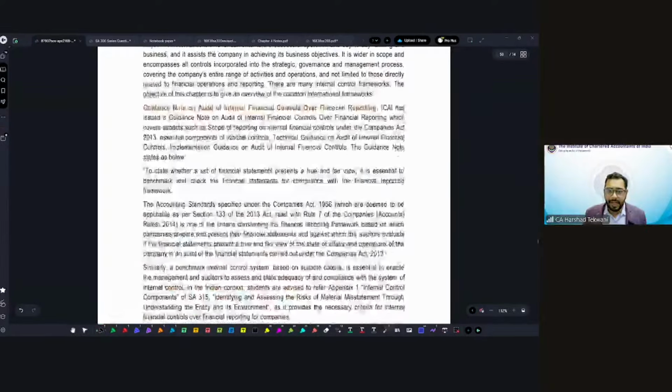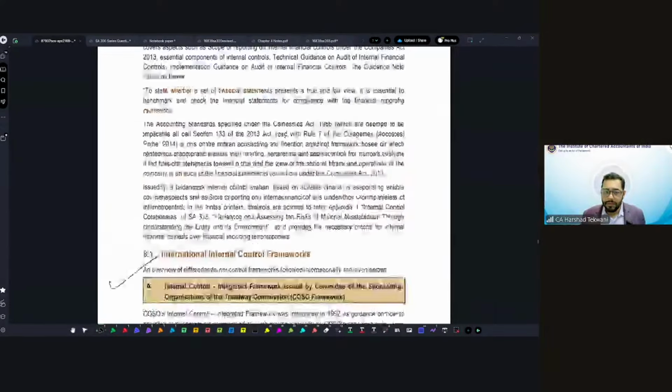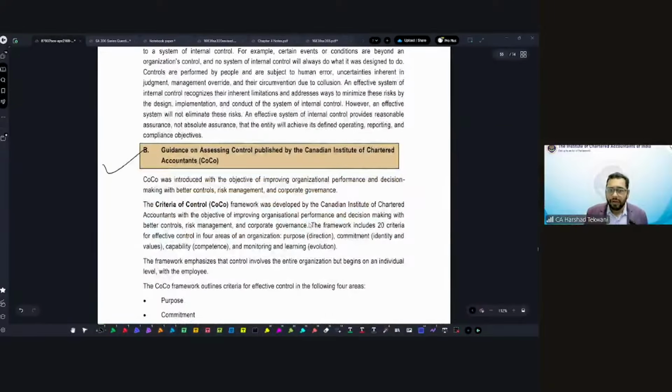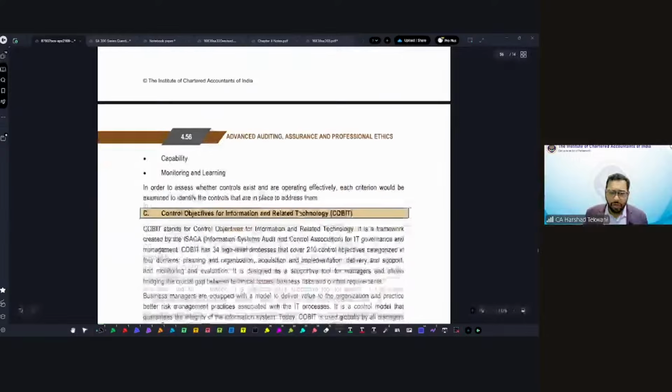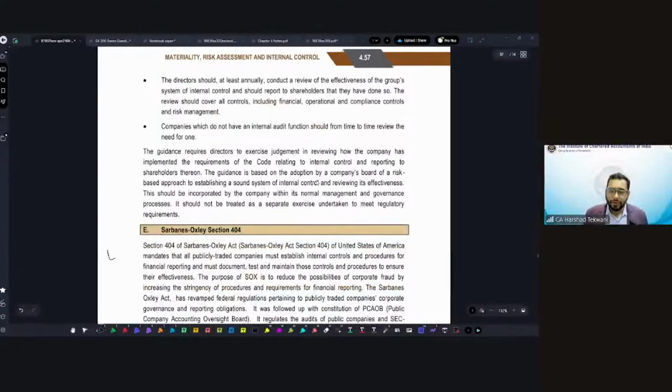We discussed the guidance note on IFCFR. We discussed the various criteria of control. There could be multiple criteria of control. There is COBIT. Then we discussed the Sarbanes-Oxley Act, section 404.